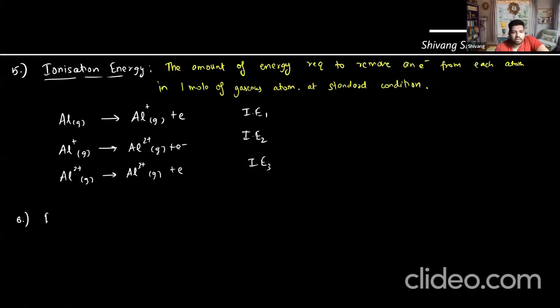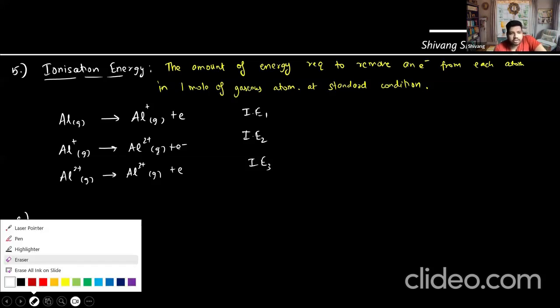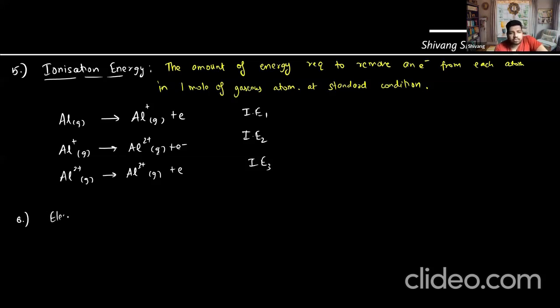Number 6, the last enthalpy change, is called electron affinity. That is the more common word. So electron affinity, what is it? It is the opposite of ionization energy, right?